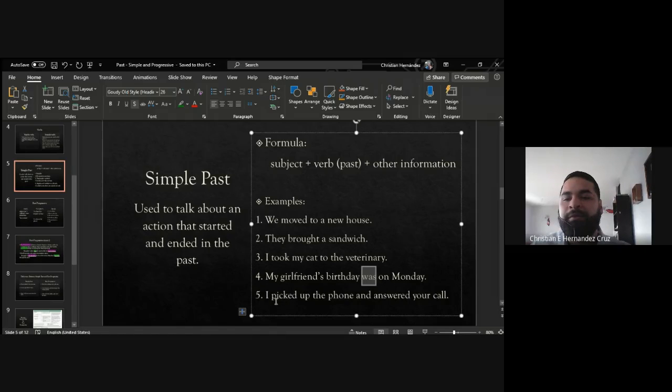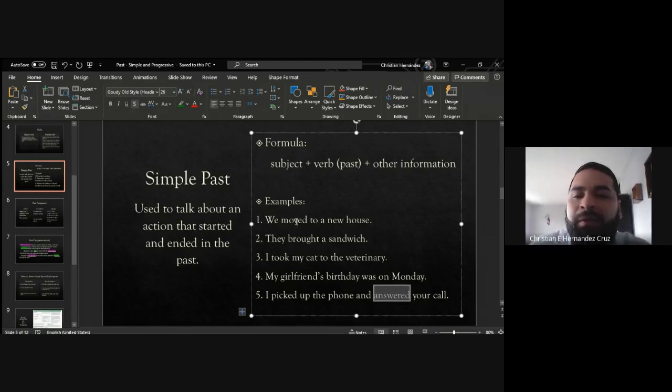And of course, this last one, I picked up the phone and answered your call. You can have more than one verb within the sentence, and you have here the main verb pick, which we added ed to, we made it picked, and that is now in the past tense. Of course, the main verb answer, to which we also added ed, and that is also in the past tense.